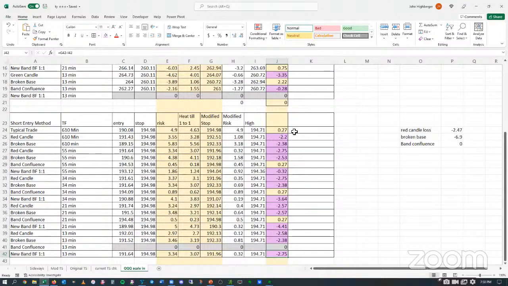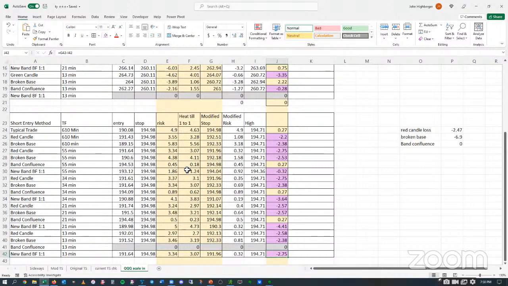You can see the typical trade on the high time frame worked fine, but the red candle and the broken base failed on the 610, as well as the 55-minute and the 34-minute and the 21-minute and the 13-minute.